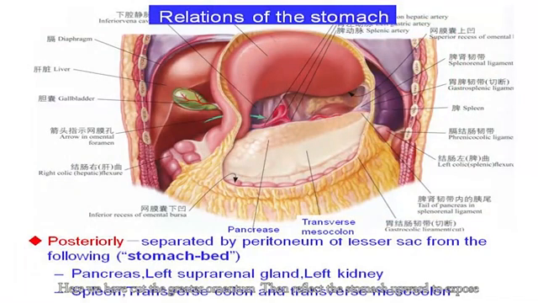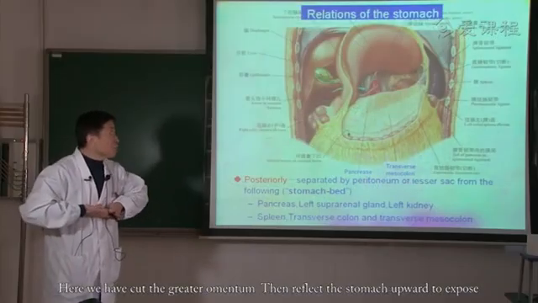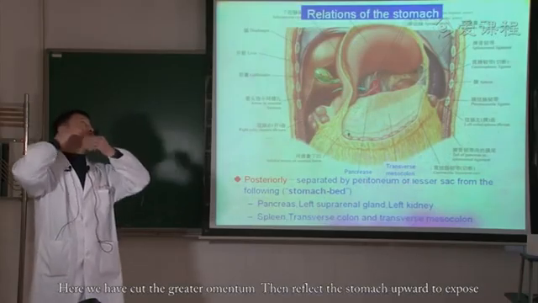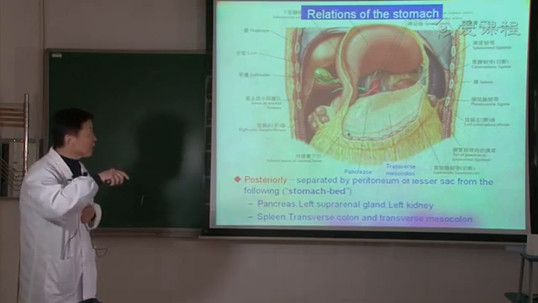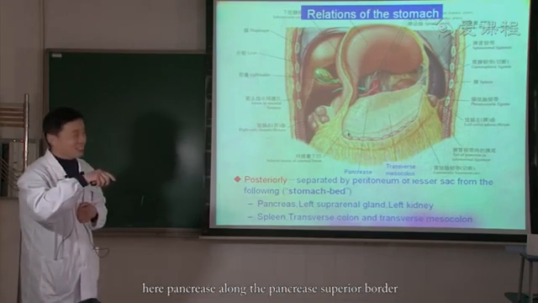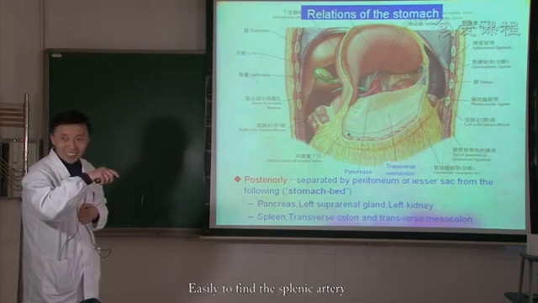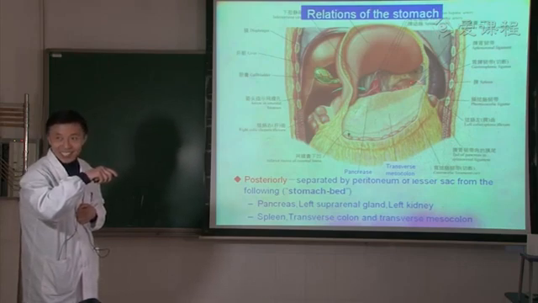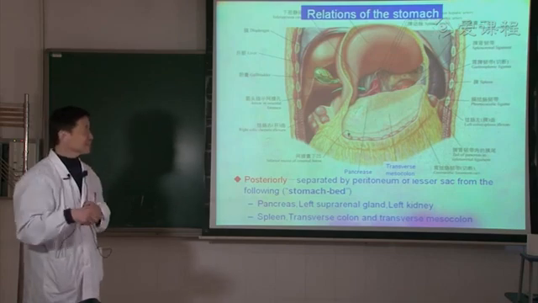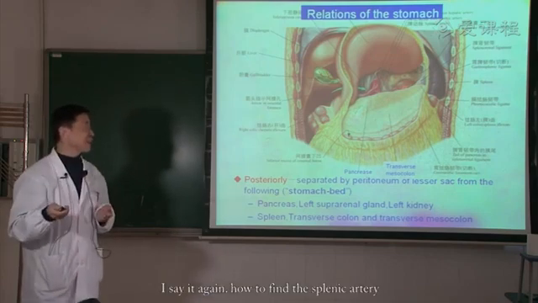Here we have cut the greater omentum, then reflected the stomach upward to expose the pancreas. Here, the pancreas. Along the pancreas superior border, it is easy to find the splenic artery. I say it again.